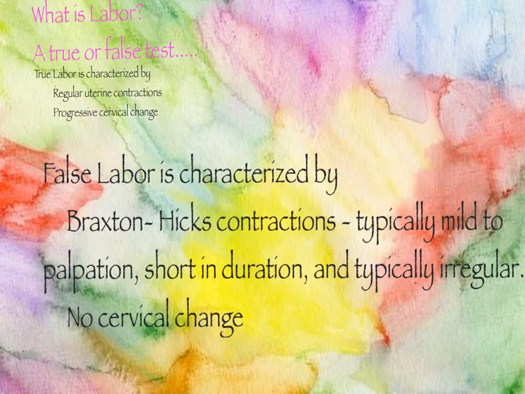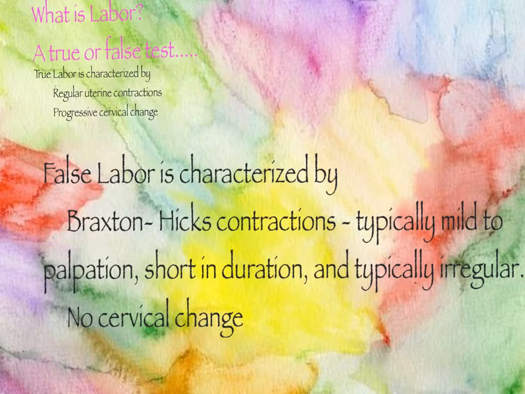Typically, mom might report that this is uncomfortable, and it depends on her pain tolerance and how little she slept and what she perceives to be painful. But when you palpate those with your hands on mom's abdomen, you can indent the uterus, almost like touching the tip of your nose. It's very squishy. Whereas stronger contractions feel more like your chin or your forehead.